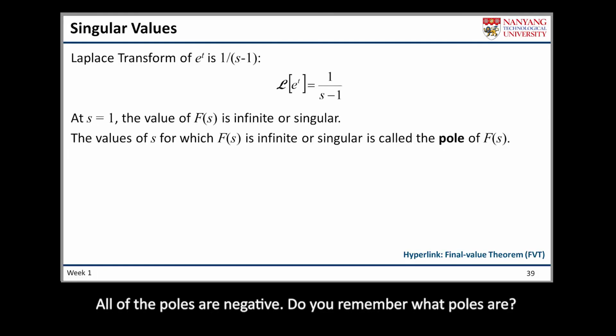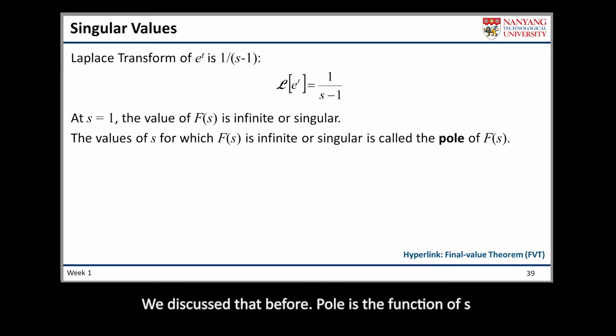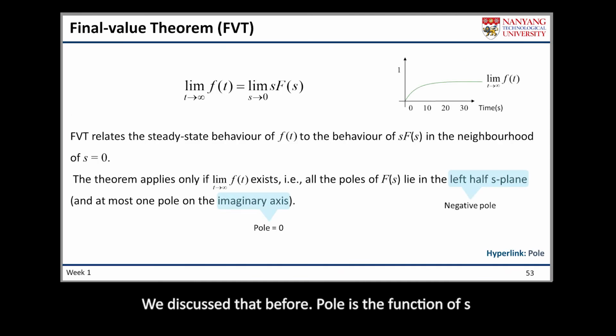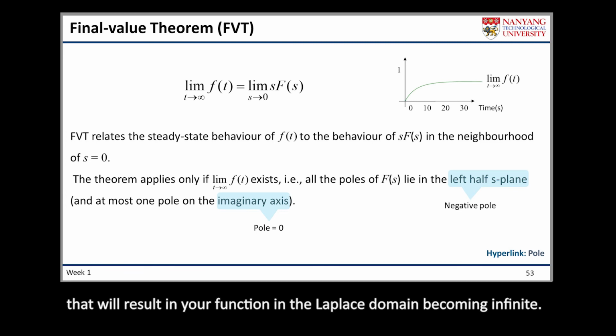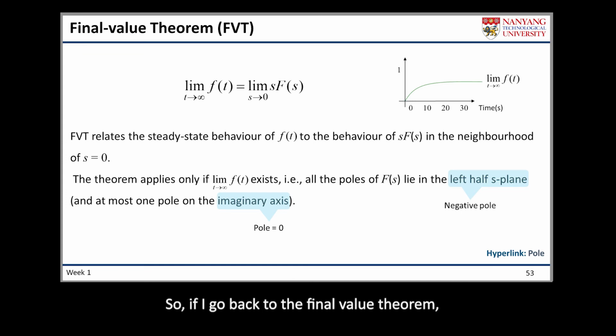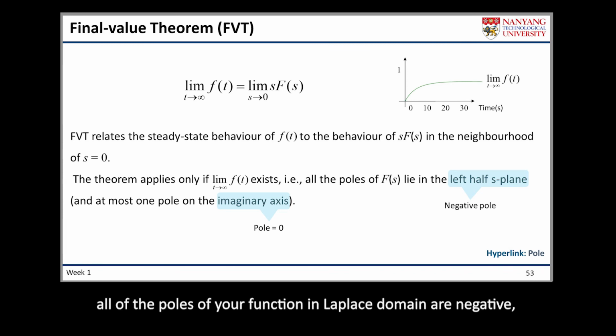You still remember what a pole is? We discussed that before. A pole is the value of s that will make your function in the Laplace domain become infinite. So going back to the final value theorem, your function f(t) will have a final value only if all of the poles of your function in the Laplace domain are negative.